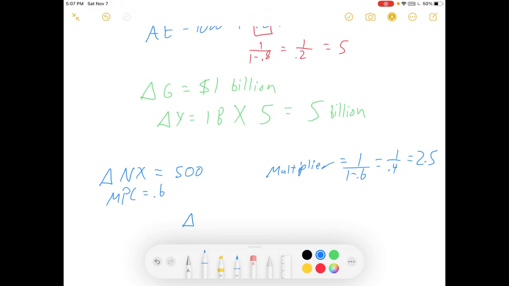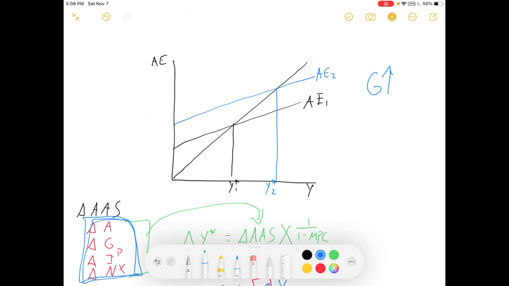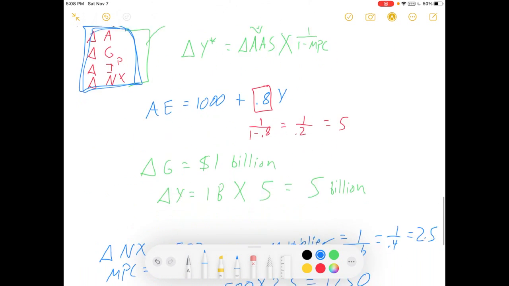Which means that our change in GDP is equal to 500, because that's the autonomous spending change in this example, times 2.5, which is $1,250. If any of these things changes, it will create a multiplier effect, and the eventual change in GDP will be bigger than the initial change in spending, which is a pretty cool result, honestly.